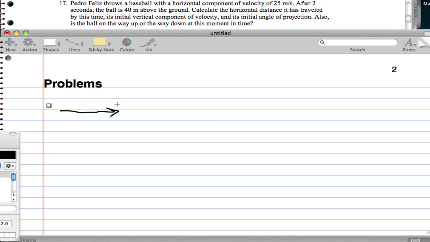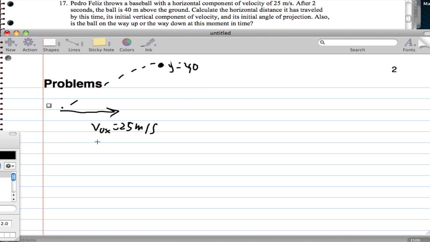The baseball is being thrown with a horizontal component of velocity of 25 meters per second. And after 2 seconds, the ball is 40 meters above the ground. So y is 40 at time equals 2. And we want to know the horizontal distance that has traveled in this time.